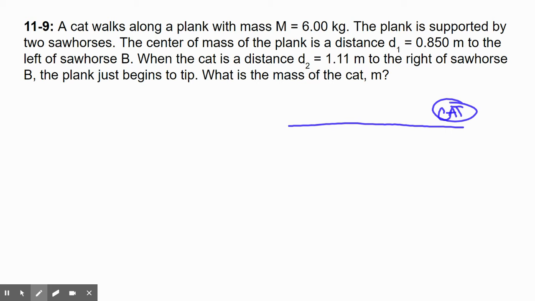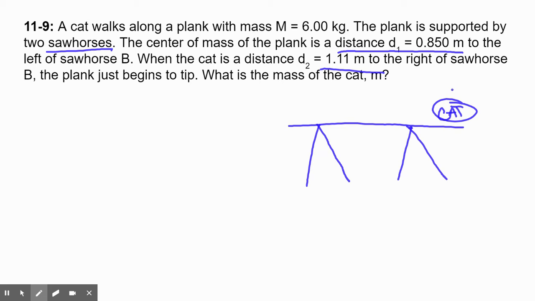And the plank is supported by two sawhorses. And if you're not sure what that is, it's the little things that look like this. Those are the sawhorses, the supports. It says that the center of mass of the plank is this distance to the left of sawhorse B. And the cat has a distance to the right of sawhorse B. So my cat is to the right of sawhorse B, and the center of mass is to the left.